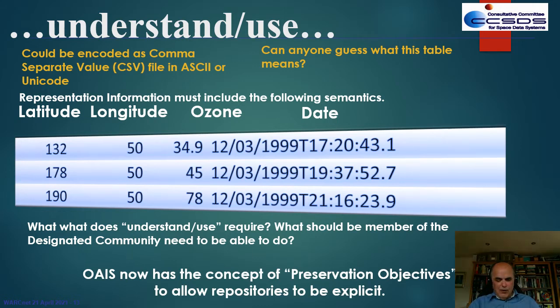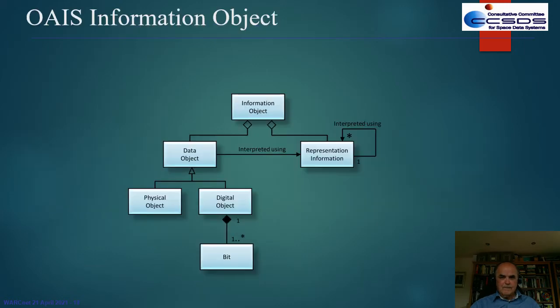The updates to OAIS include the important idea of preservation objectives, which allow the repository to be explicit about what they mean. So I hope you can understand now why OAIS puts such stress on the information model and representation information.